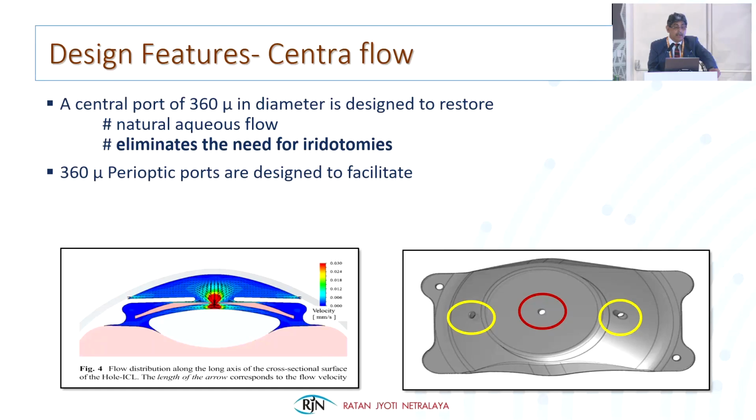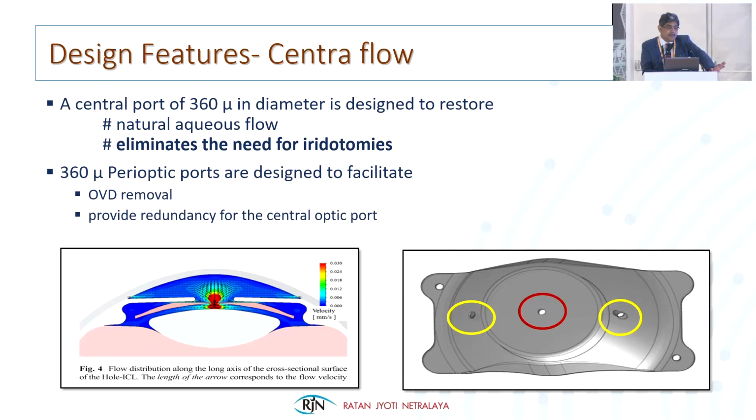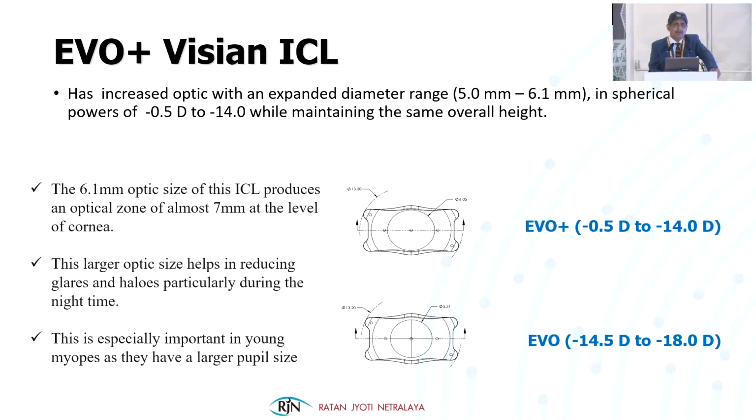The peripheral ports are also of the same size, which gives us the advantage of removing the viscoelastic material from behind the lens, and provides redundancy for the central optic part if it gets occluded at any time by the proteins in the aqueous, which is very, very unlikely to happen.